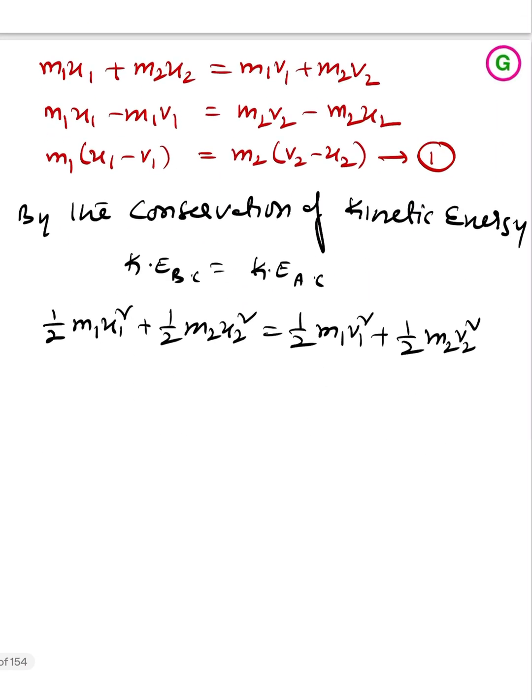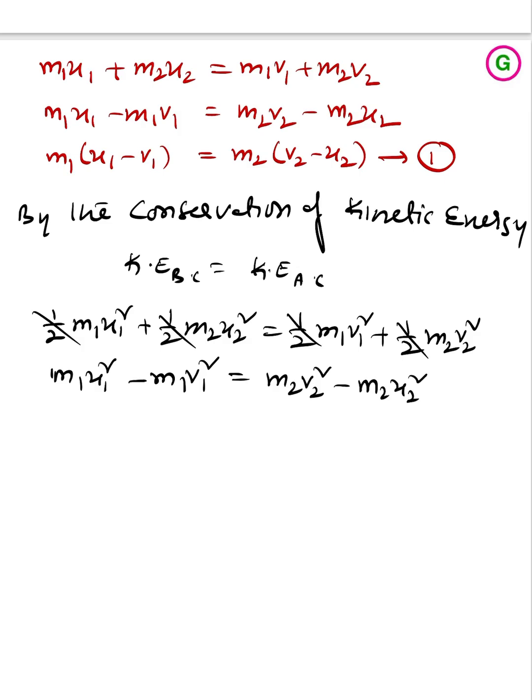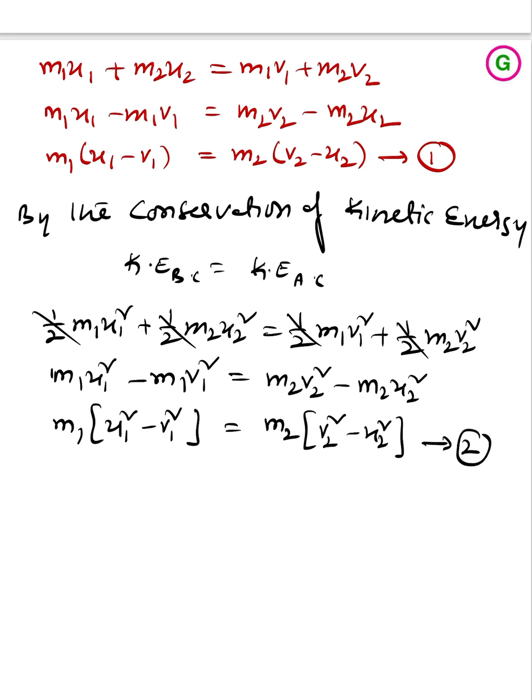The half cancels in all the terms, so m1 u1 square minus m1 v1 square equals m2 v2 square minus m2 u2 square. Taking common factors, m1 (u1 square minus v1 square) equals m2 (v2 square minus u2 square). This is equation 2.